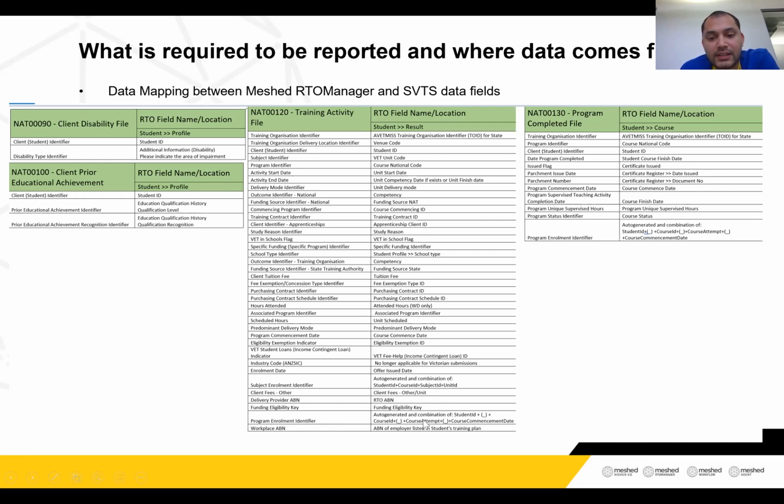Program enrollment identifier is a combination of student ID, course ID, attempt, and commencement date. Similarly, the enrollment identifier is generated automatically by the system with student ID, course ID, subject ID, and unit ID. Once you have reported your data to SVTS with this enrollment identifier, you cannot change the data.